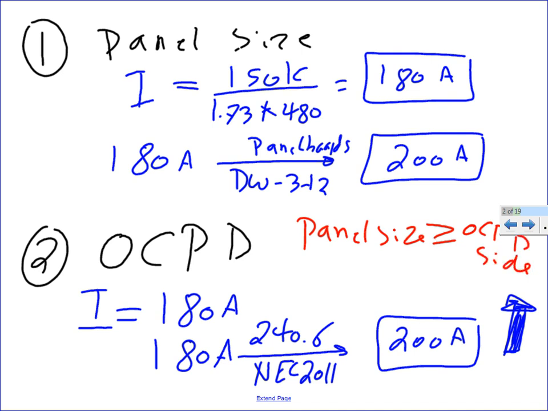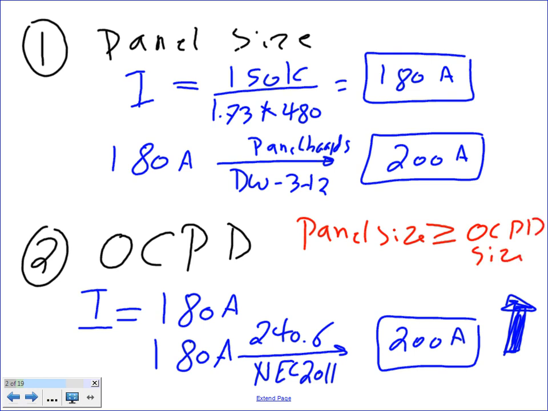Your panel has to be equal to the overcurrent protection device or more. Meaning the overcurrent protection device has to be equal to the panel or less. Is that also called panel rating? Yes, panel size is panel rating, absolutely.